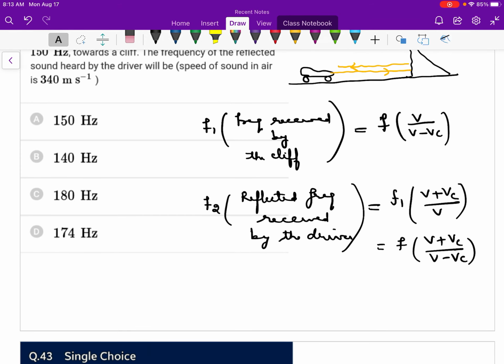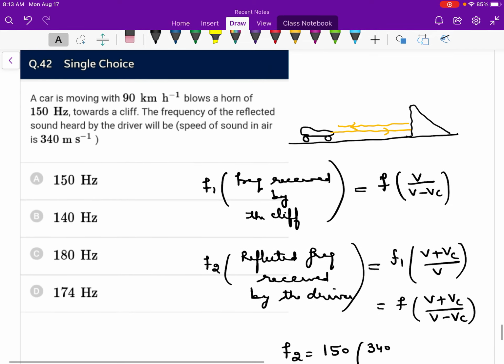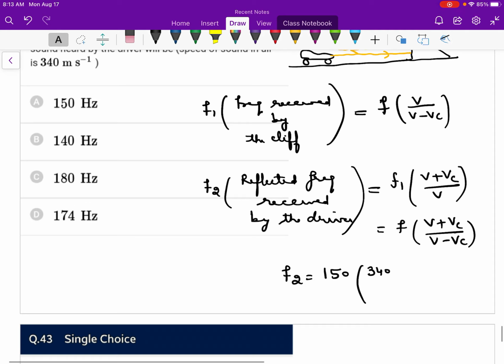Okay, so now let's calculate F2. F2 is F, which is given 150, into (V plus Vc), 340 plus Vc, where the car speed is 90 km per hour, which is 25 meter per second. So 340 plus 25 upon 340 minus 25. So that is 150 into 365 upon 315.